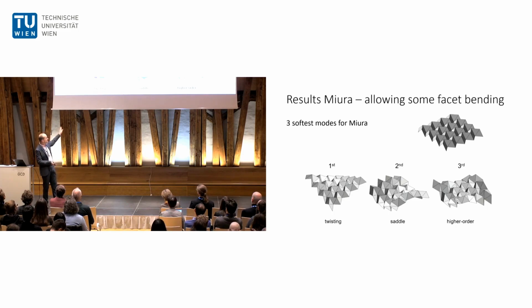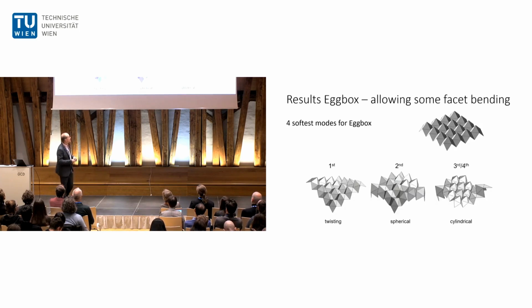So the twisting and the saddle mode you see here both show this anticlastic deformation, which is the deformation that we were looking for. Whereas if we move on to the egg box sheet, the softest modes, the way the structure wishes to deform, captures these synclastic sort of curvature modes that you want to have.